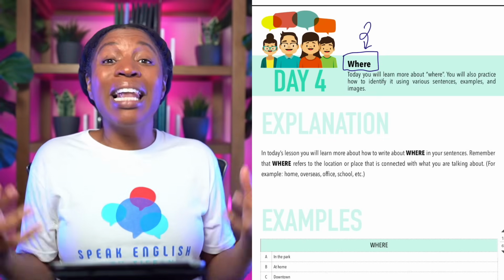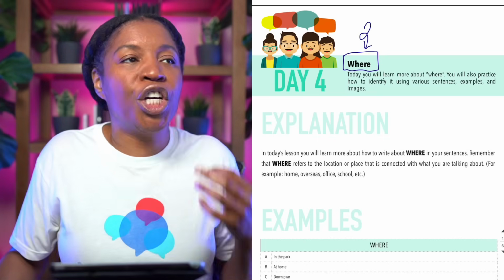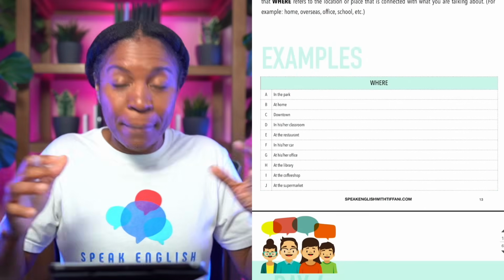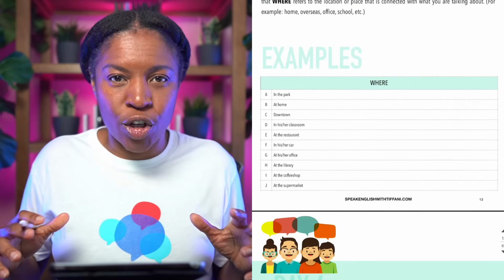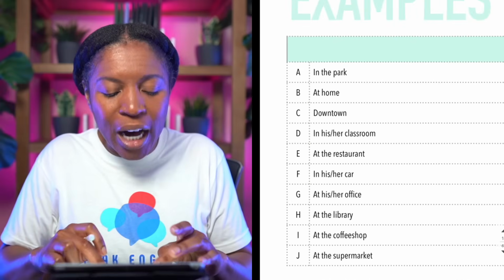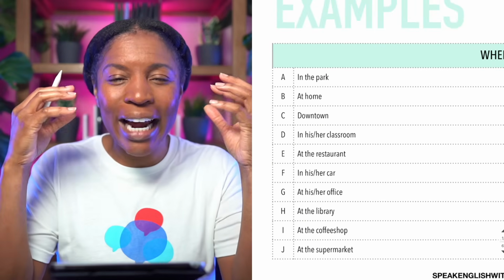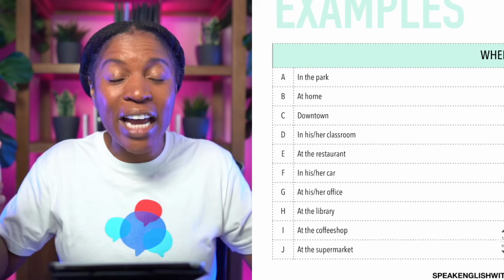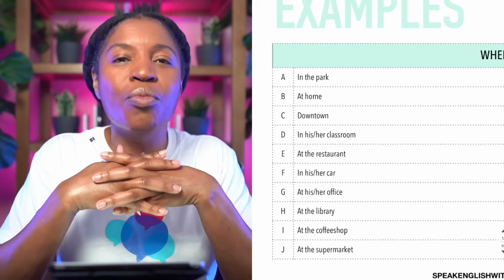Remember, the place, where the situation took place. So let's give these examples. Again, there's no wrong answer. I'm just helping you understand in your brain how to organize these simple little details and then combine them to make an amazing sentence. A sentence that a native English speaker would use or create.